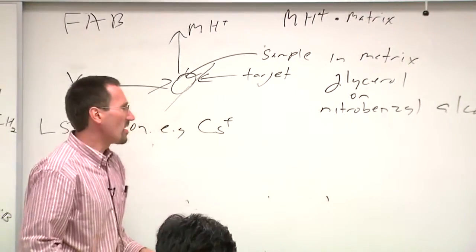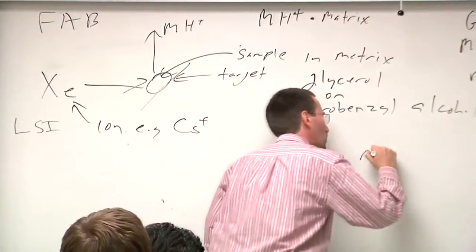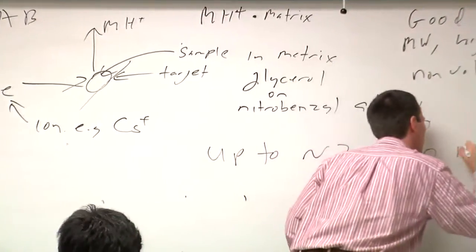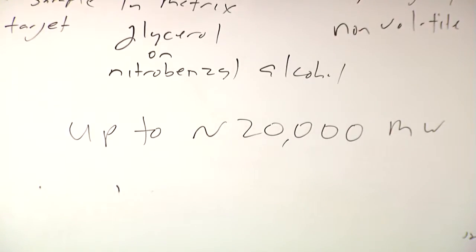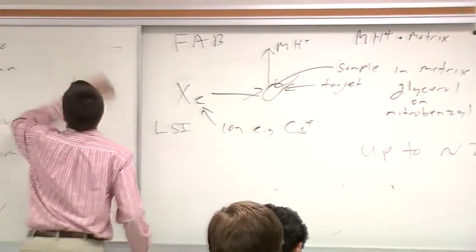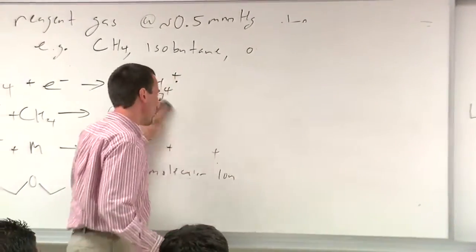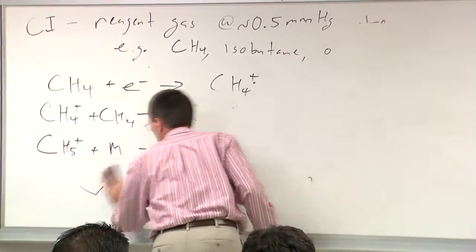I don't want to give hard numbers, but let's say up to about 20,000 molecular weight. So this really opened up a whole new realm of mass spectrometry, including biomolecular mass spec. Both techniques did, but fast atom was the one that was first popularized.